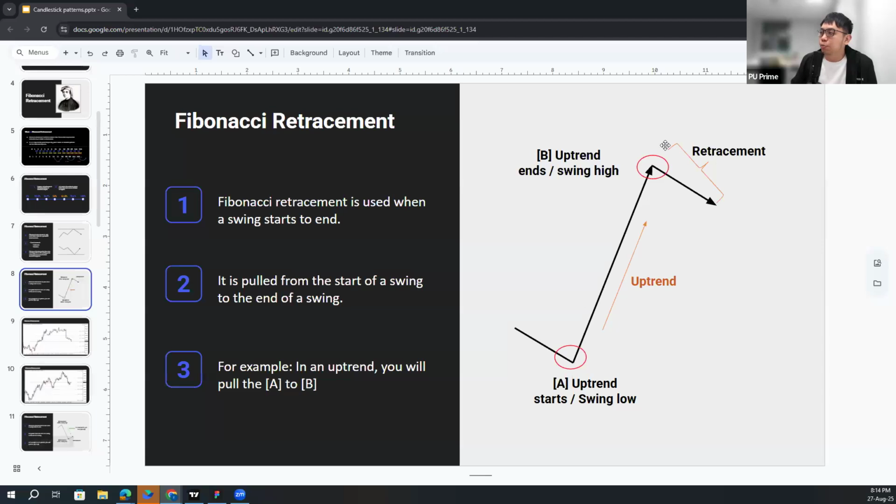How do you do that? You pull from the bottom to the top. And for sure everyone sees the bottom and the top differently. If you are using the daily chart, the weekly chart, or even the H1 chart, everyone is seeing different things.